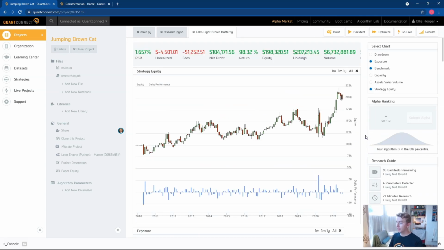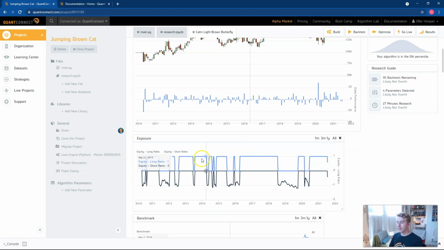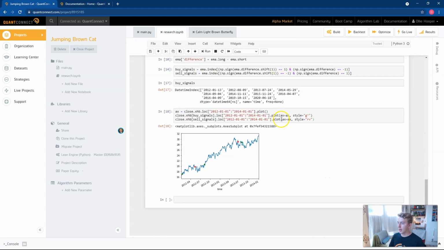Just to finish this analysis off, we can double check that these indicators are happening at the same place. So remember, before in the research notebook, we have this chart down here, which shows our buy signals and our sell signals. We can see that we had a buy early 2012, then a sell mid 2012, buy late 2012, and then held it all the way through to late 2013.